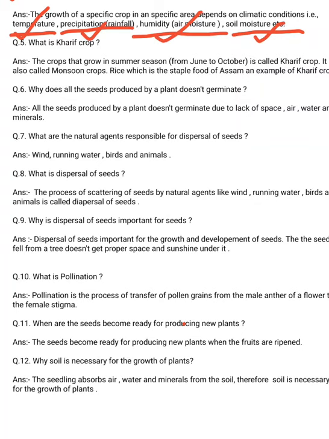These are the natural factors, these are the climatic conditions it depends on. Next question.